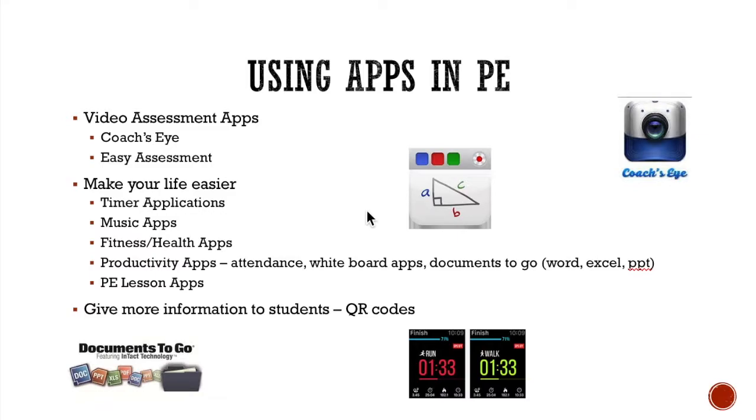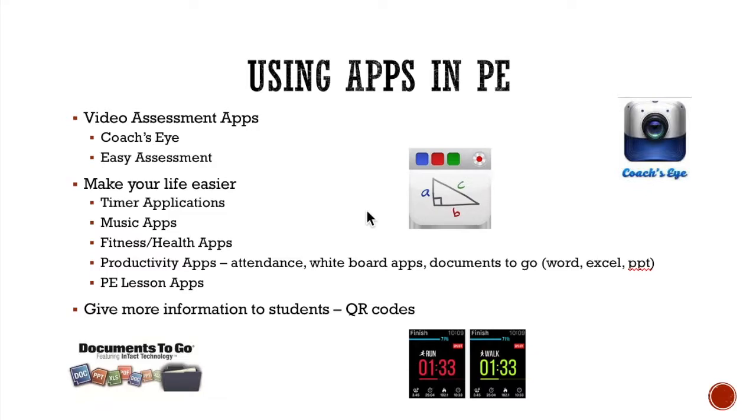Coach's Eye can be used in physical education. It has some upgrades to it that you often see it used in other things such as sports. So, for example, swimming might use it. You might use it in basketball. Really, Coach's Eye gives you the ability to diagnose the biomechanics of different movements, and so that is really nice to have.